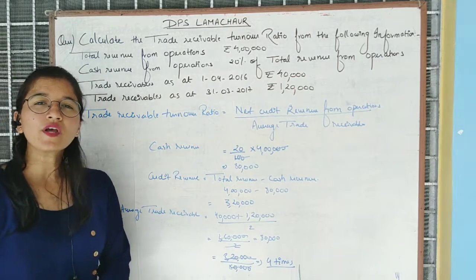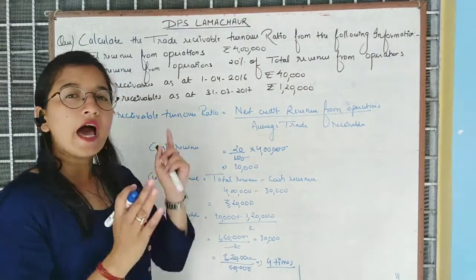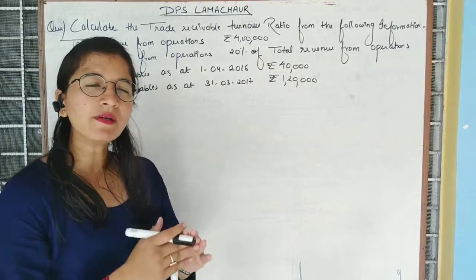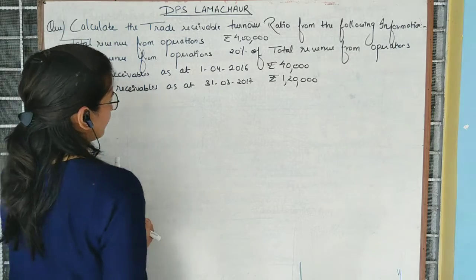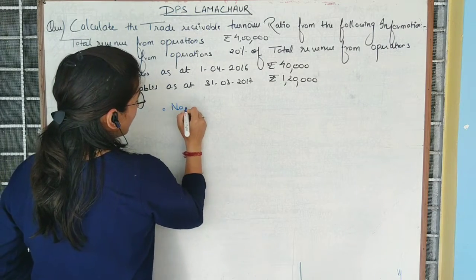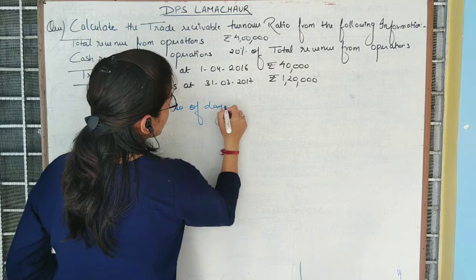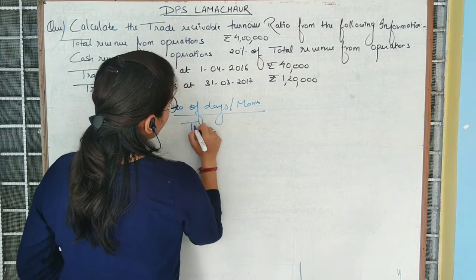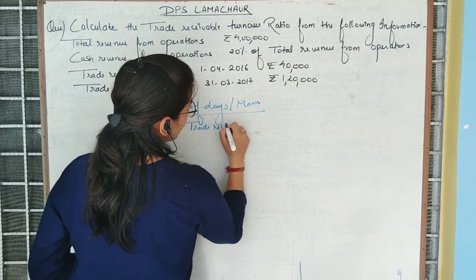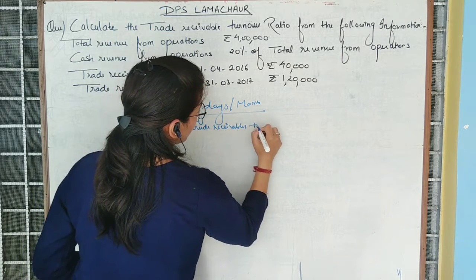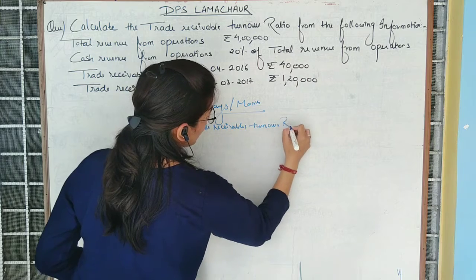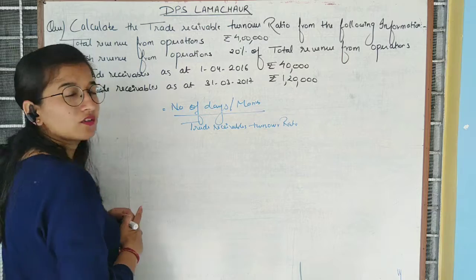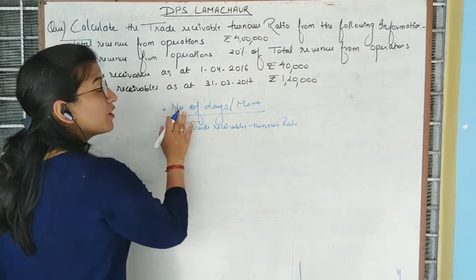Now sometimes in the question it is given to calculate average collection period. So average collection period will be calculated as number of days or months divided by trade receivables turnover ratio. So let's suppose we have to calculate the average collection period for number of days.